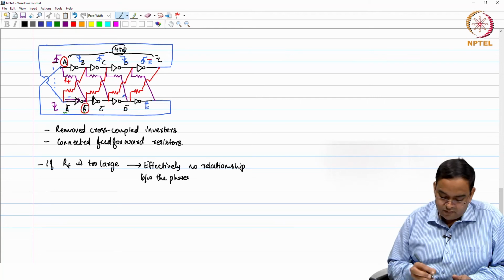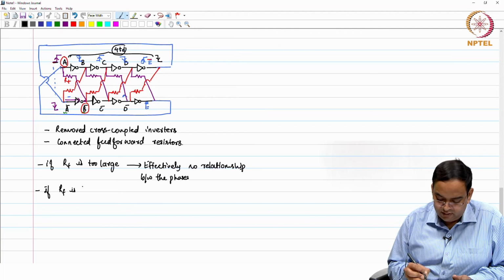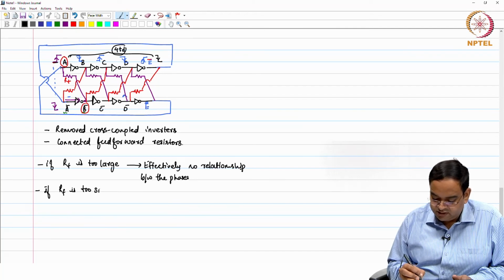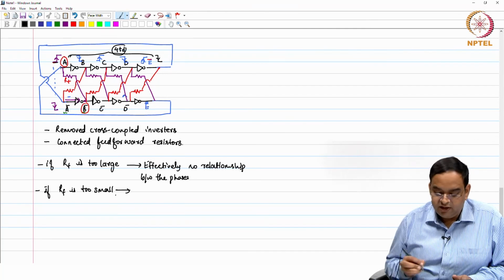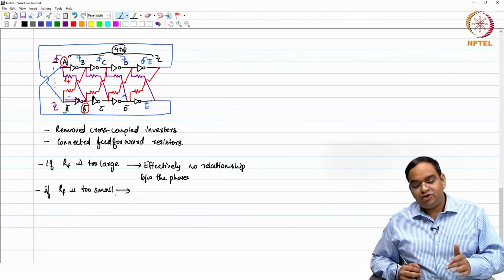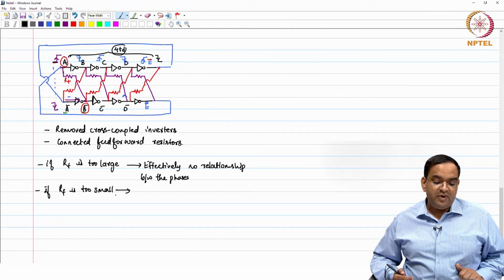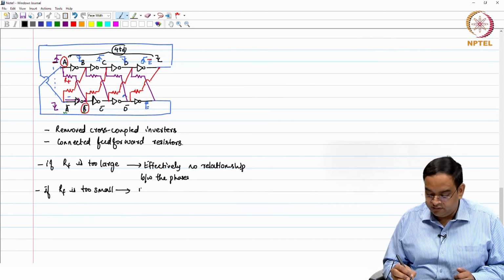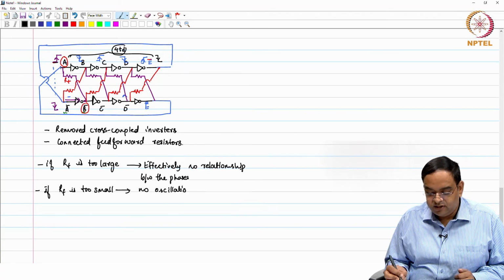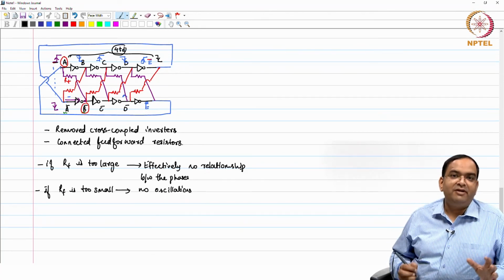Okay. Now, if RF is too small, so I will just go to another extreme. If RF is too small, it is like I am shorting the node A and B bar. If you short the nodes A and B bar, again there will be no oscillations. Okay. So, in both the cases you will not have any oscillations.